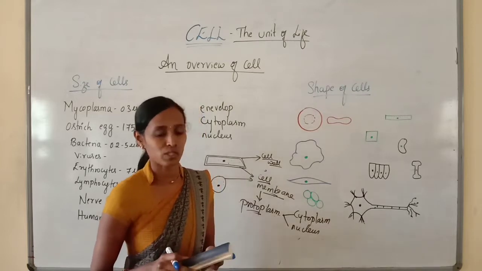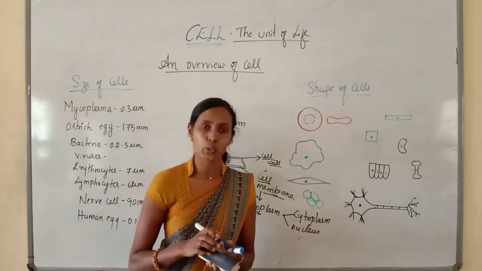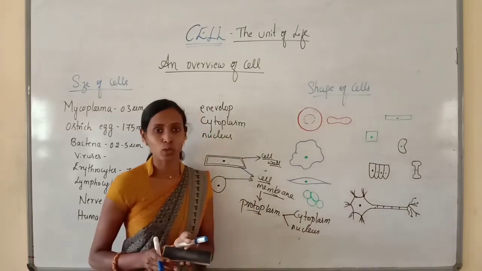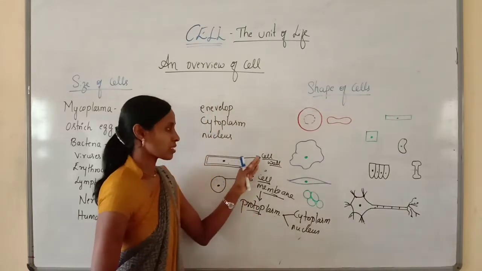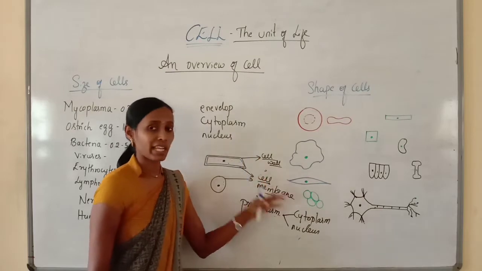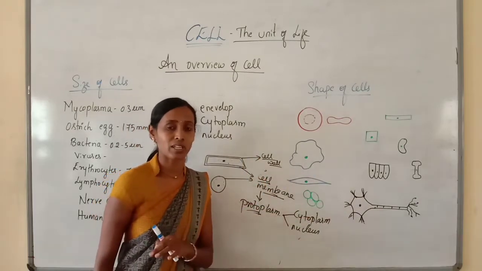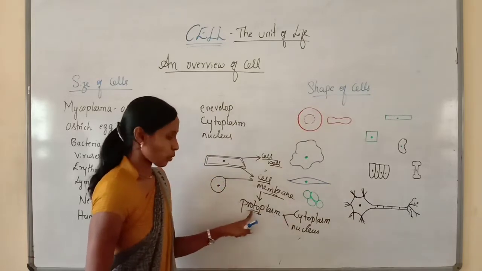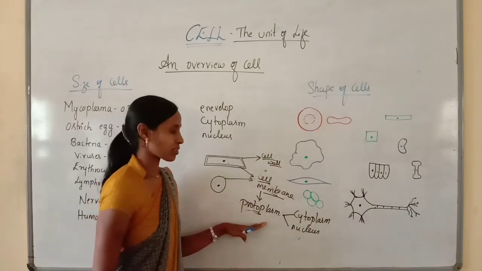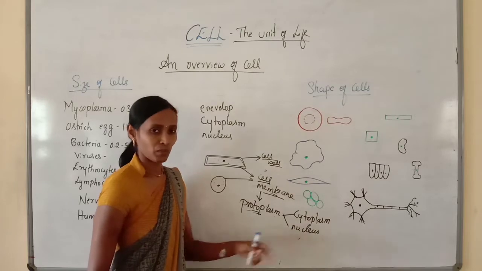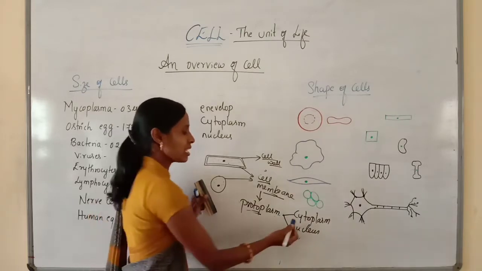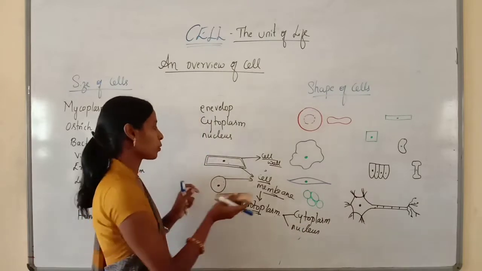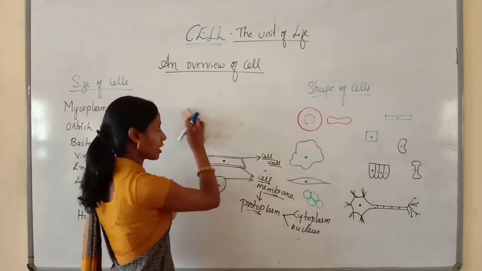Generally, in all cells, we can find the presence of both nucleus and cytoplasm, and together they are called protoplasm. So here, the cell wall is there, then the cell membrane, and the cell membrane generally encloses the dense viscous fluid called protoplasm, and protoplasm is differentiated into cytoplasm and nucleus. Generally, we can say cytoplasm plus nucleus is equal to protoplasm. You can remember this formula.